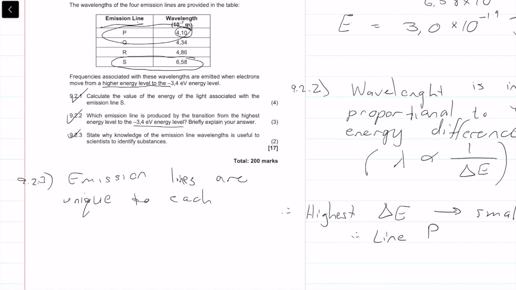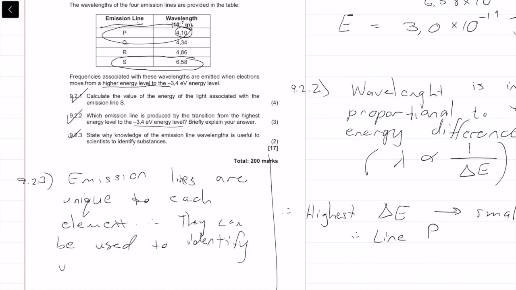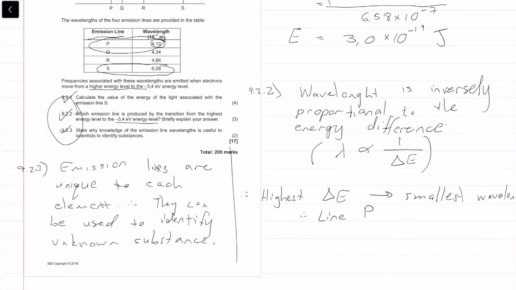Each element will have a different emission line, so we can use it to identify the substances. Therefore, they can be used to identify unknown substances. Those last 2 questions are basically theory questions.